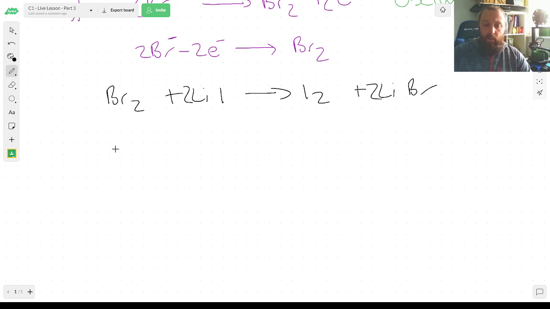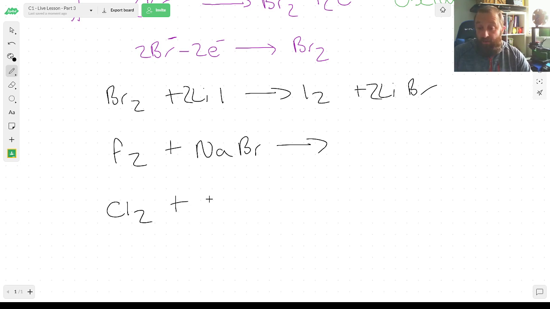We could do fluorine plus sodium bromide, and I'll let you balance that one as well. We could also have a look at chlorine plus, and let's make it slightly trickier, magnesium iodide, and see what comes out with that one as well. And I'll do one more. Let's do bromine plus aluminium iodide.